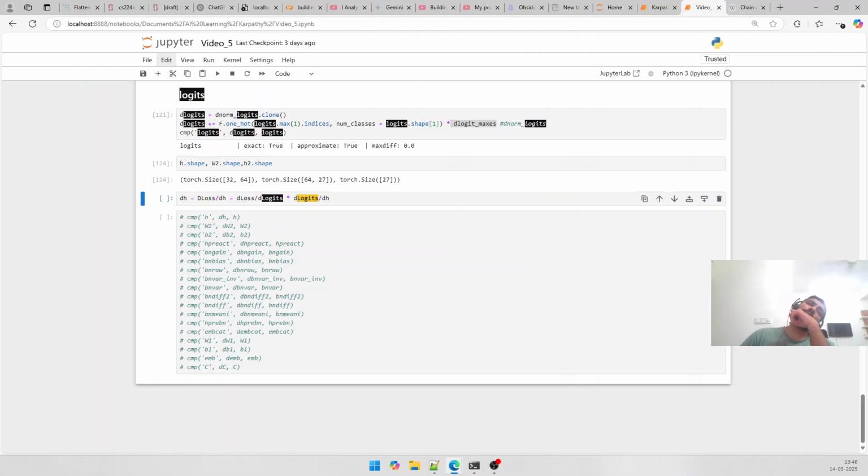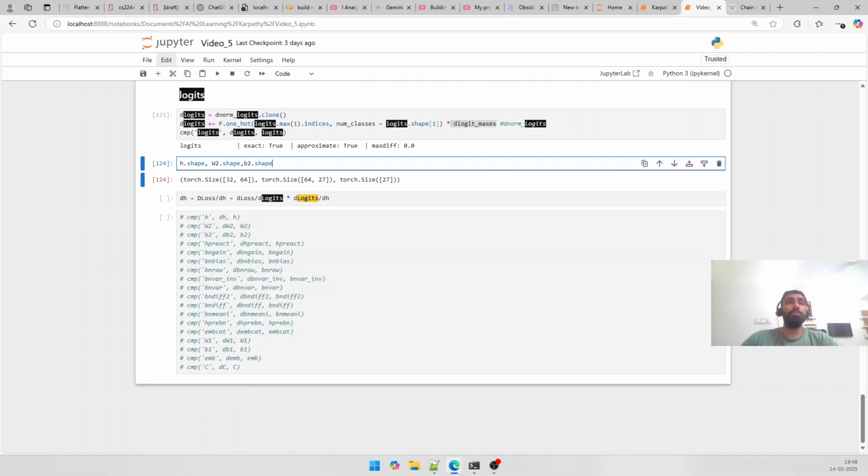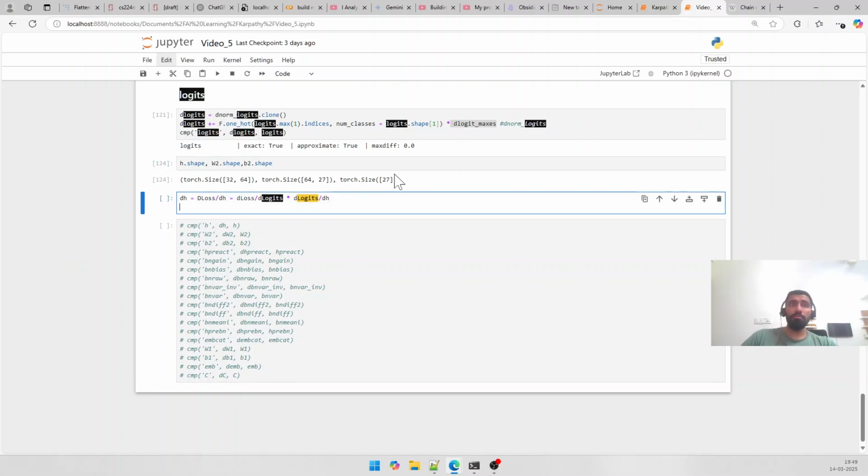Okay, so there is a dot product happening with this, and there is an addition happening here. So logits is h at w2 plus b2.